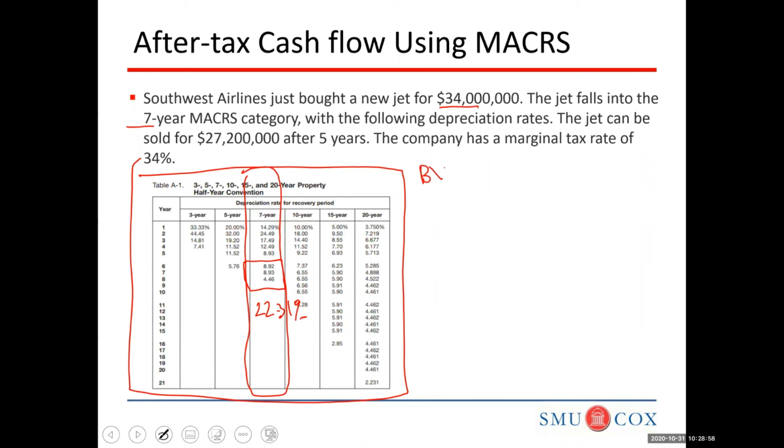So the book value would be 34 million times 0.2231, and that is 7.5854 million. That's my book value.